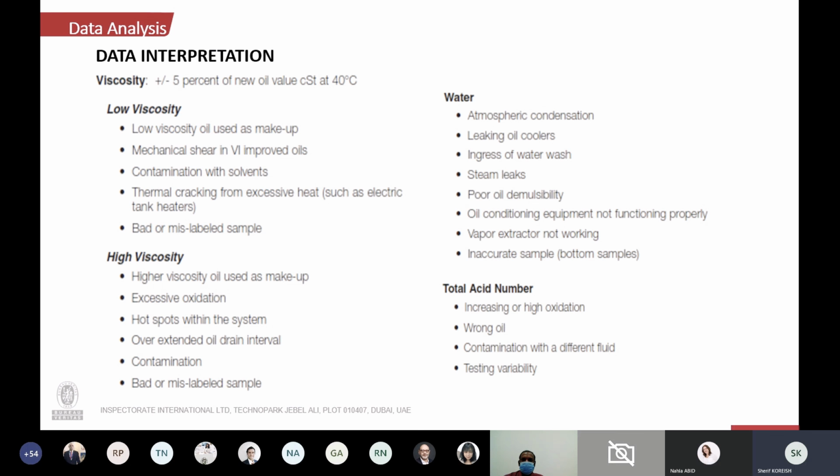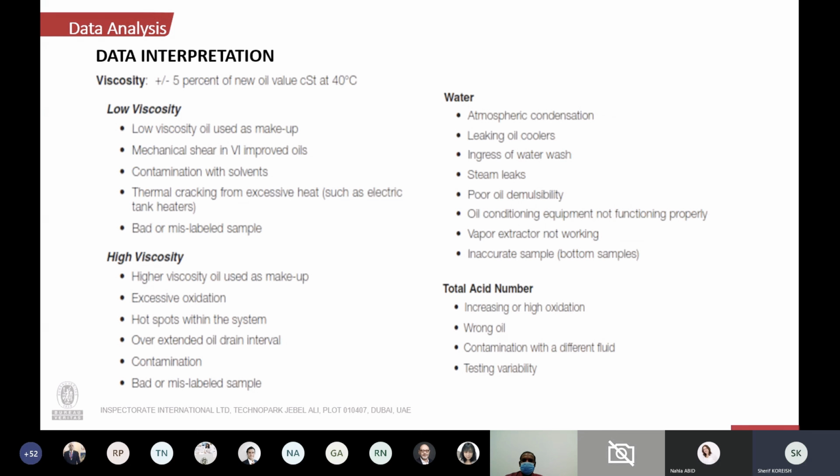The reasons for low viscosity are: a low viscosity grade being used as a top-up, or contamination with fuel or solvents, or decomposition or degradation of the oil breaking down due to excessive heat, for example, or the sample was taken from a wrong place or was mislabeled. In that case, we have to retake the sample to ensure that this is not a wrong result.